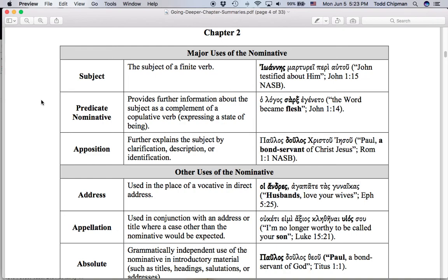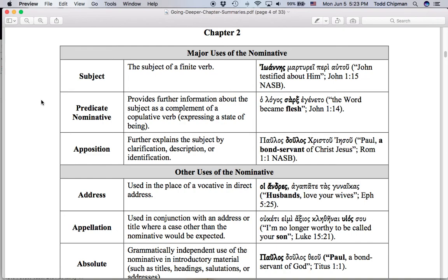Let's begin then here with John 1:15. Ioannes martyrei peri autou. John testified about him. Ioannes martyrei peri autou. John, Ioannes, the subject of the verb, martyrei. John testified about him.